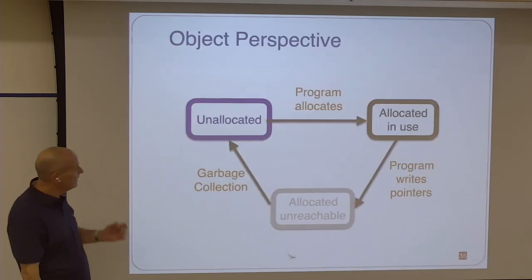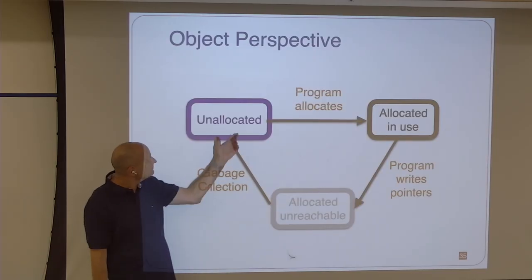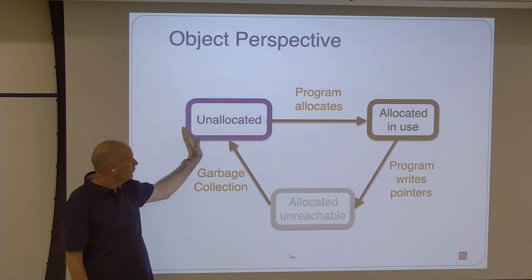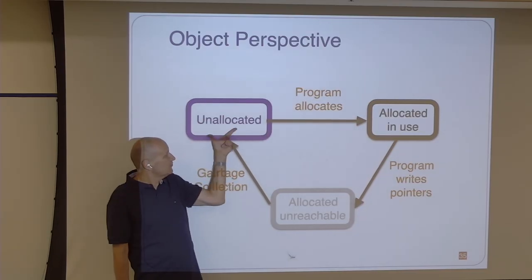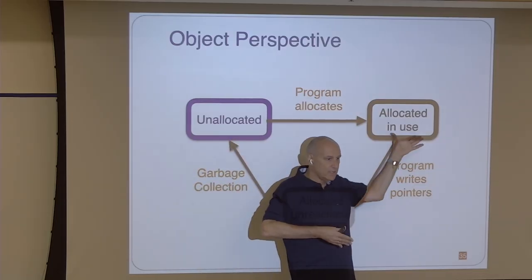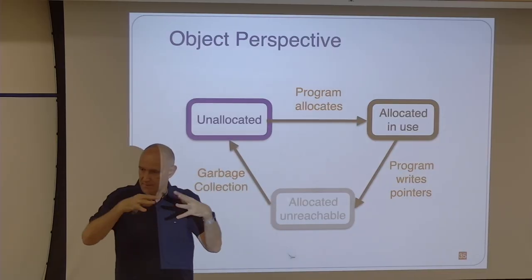Okay, so what is the setting? What's happening here? In the beginning, all the heap is unallocated. When the program wants to allocate a space, it allocates from unallocated space, and it gets a space that is allocated and now in use by the program. This is the life cycle of a space.